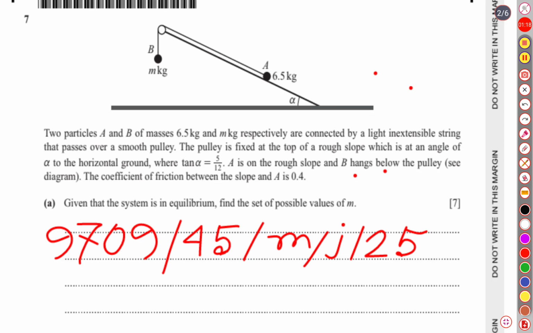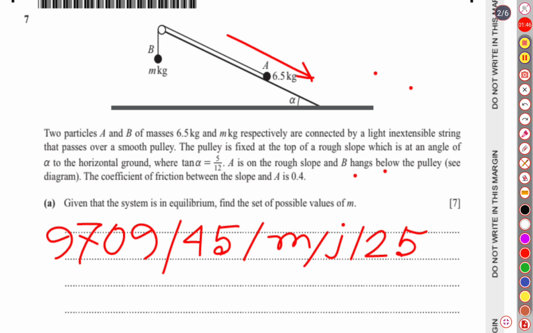Well, before we start the solution, we should know the fact about a particle when it is held in equilibrium on an inclined plane. Look at this. The slope is rough, and the particle A is held in equilibrium.